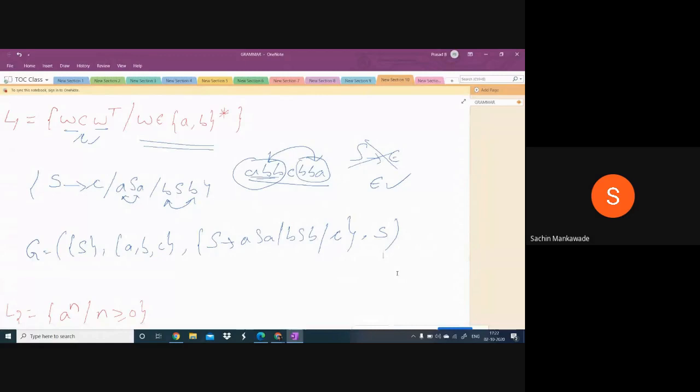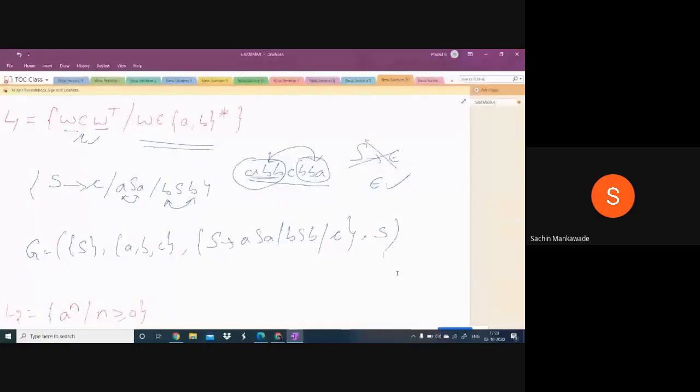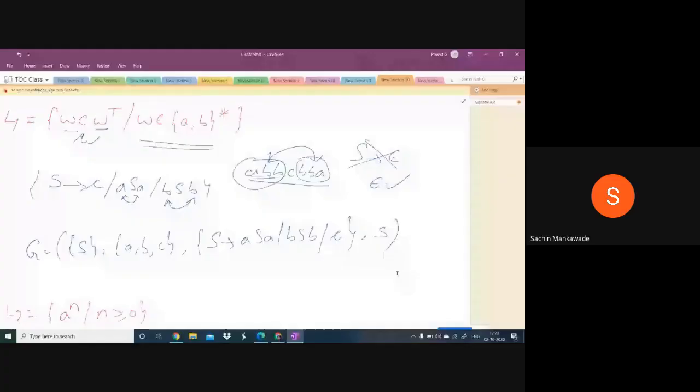Copy this. Here, every time, what is the least value of n?